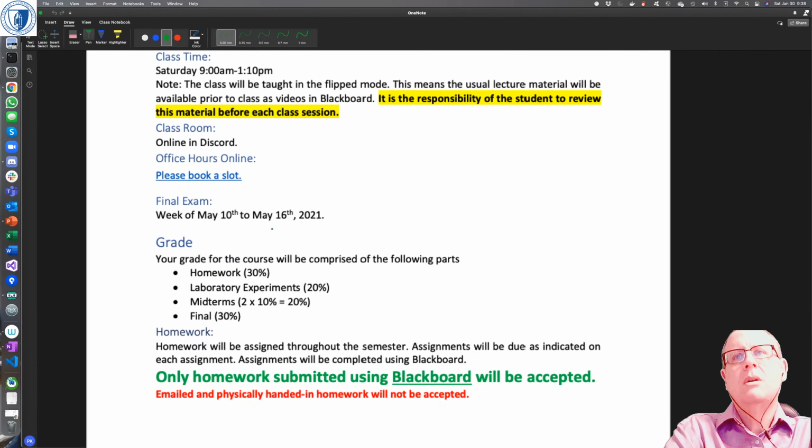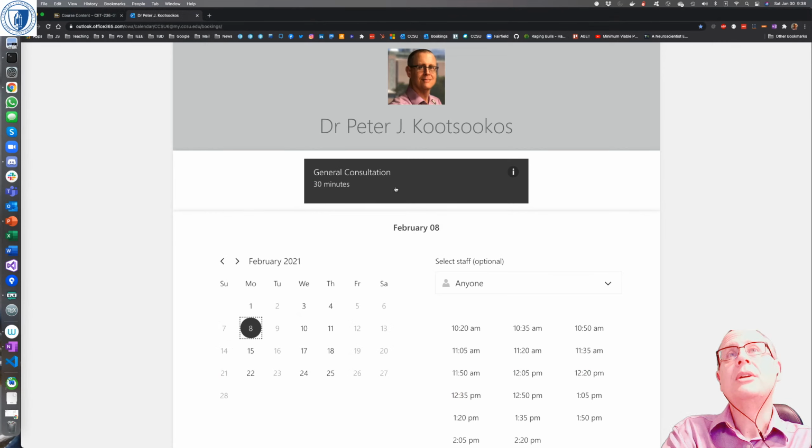Because I do one-on-one oral exams, the final exam will not be at the time that the university says it will be. If you look later on, there'll be another option up here, which will be CET236 exam, and I'll set up time slots for you to be able to do your exam at a time that suits you and me.